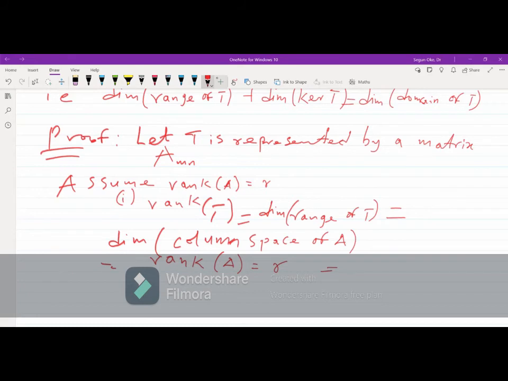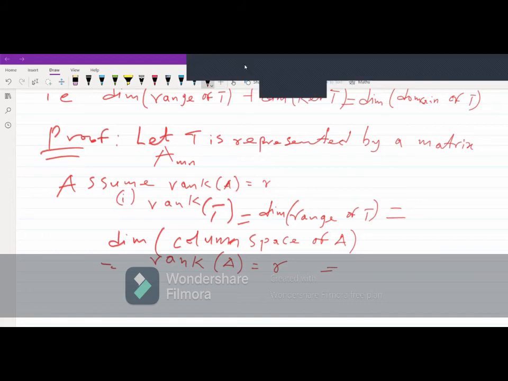Sorry, sir. Can I say that the column space of A means the number of columns of matrix A? Can you repeat yourself, please? What I'm asking is that you wrote dimension of column space of A. Should that also mean the number of columns of matrix A?